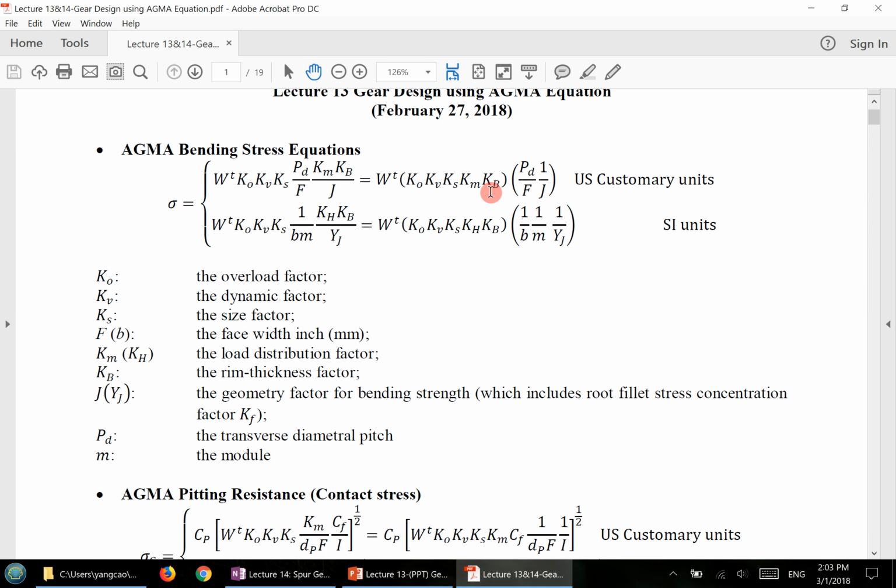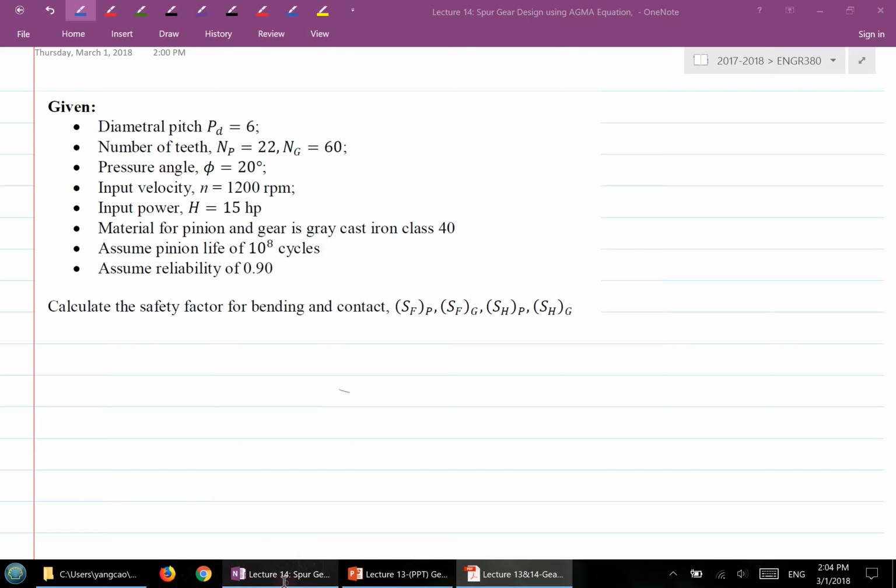Okay, so we have gone through a number of factors already. We find a WT. For this particular equation, we basically only have this G factor here. This G is called a geometry factor.